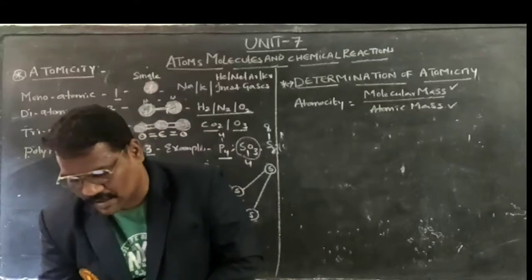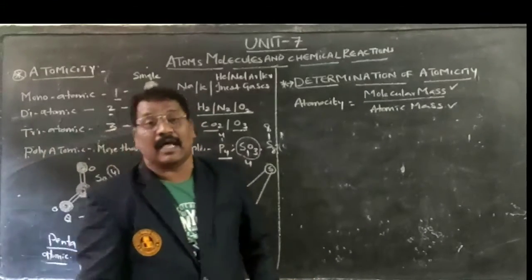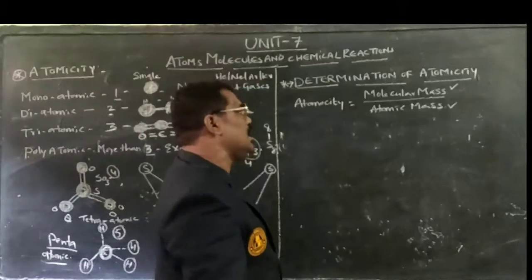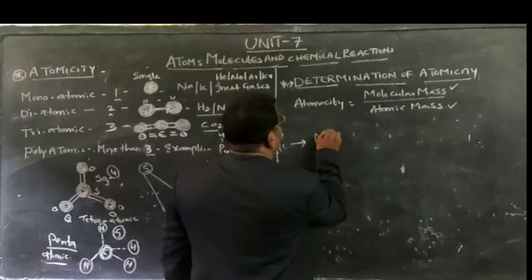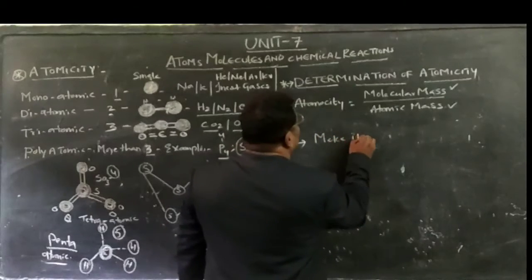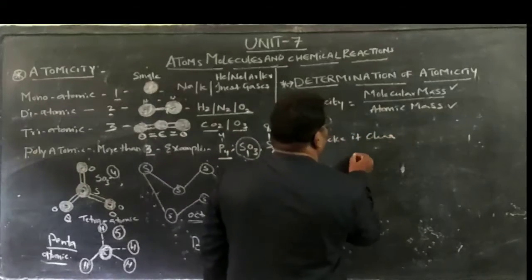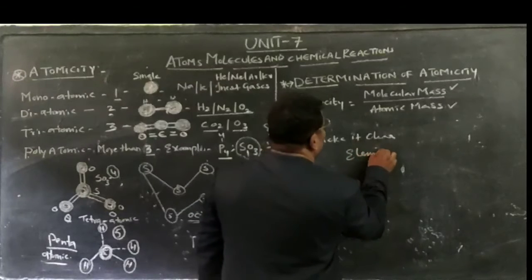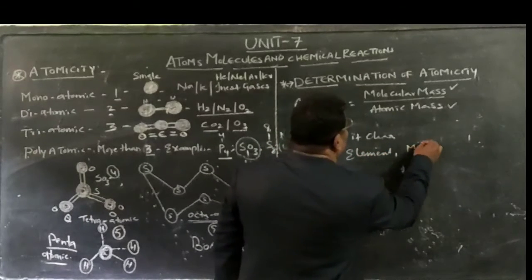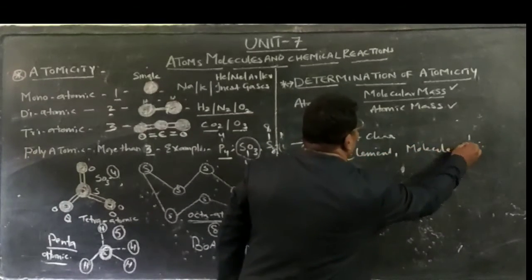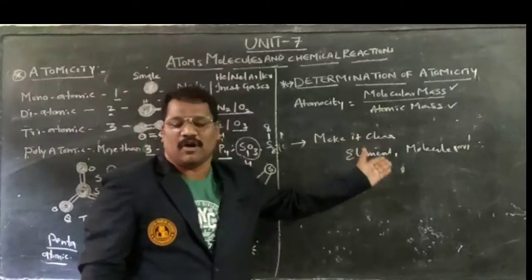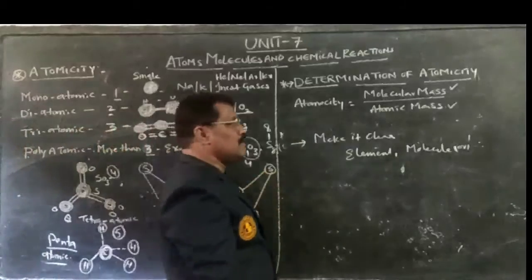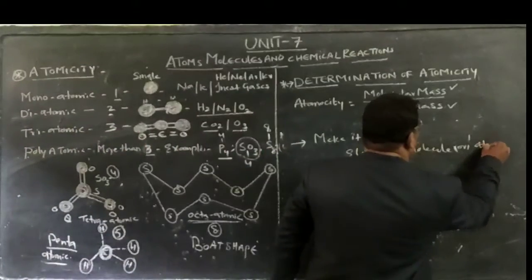Next question: why are some elements diatomic as well as triatomic? To make it clear whether it is an element, a molecule or an atom, we can easily identify it.